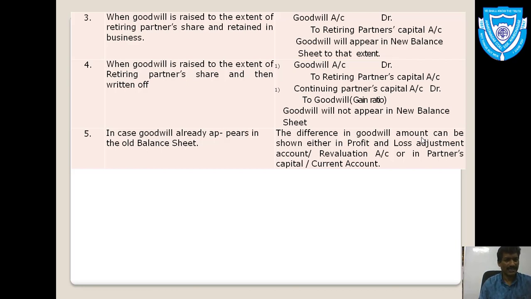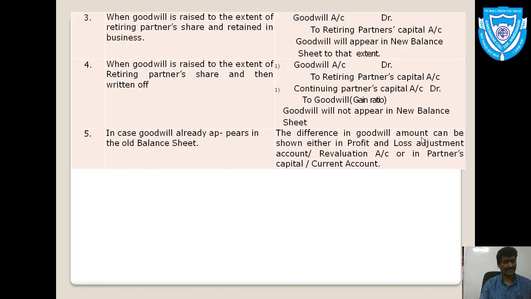In the fourth case, when goodwill is raised to the extent of retiring partner's share and then written off, the first entry will be as it is, goodwill account debit to retiring partner's capital account, and the second entry will be passed, continuing partners capital account debit to goodwill account, and it will be distributed in gain ratio. And in this case goodwill will not appear in the new balance sheet.